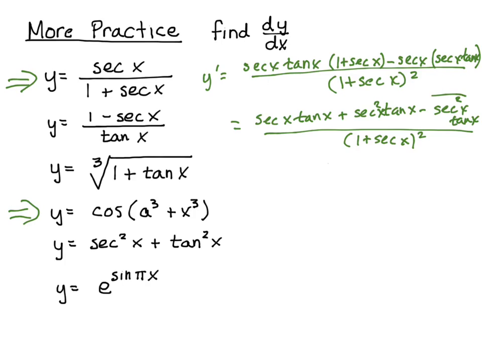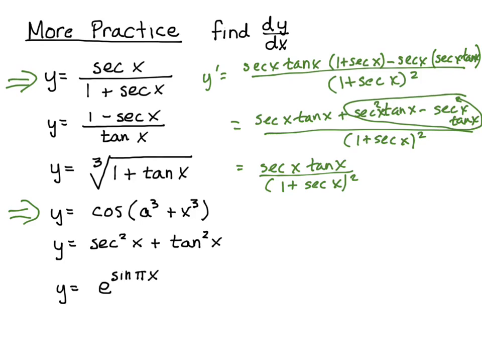You can see that this drops out, and so what we get is essentially just the secant of x tangent of x over 1 plus the secant of x squared. To that degree, I would like to see that simplification done where we just have terms that cancel out. So I think the expansion is worth it, just to see what drops out.